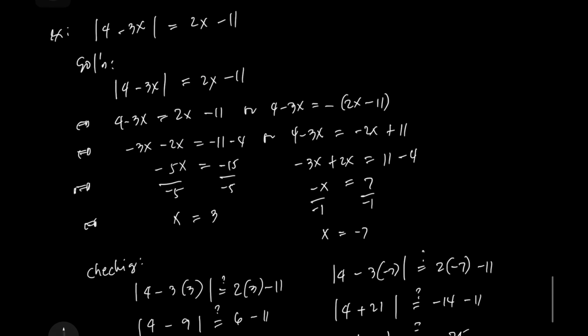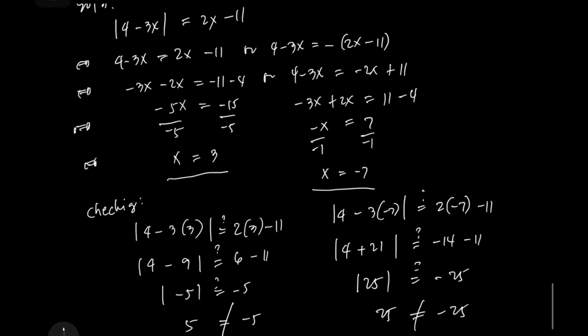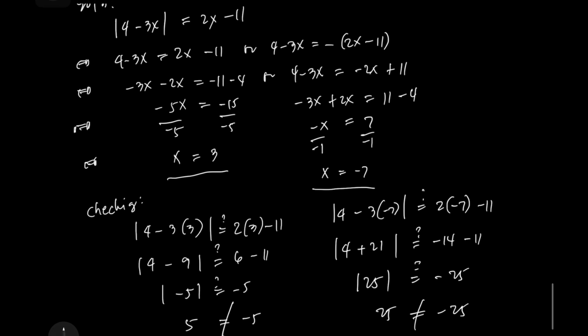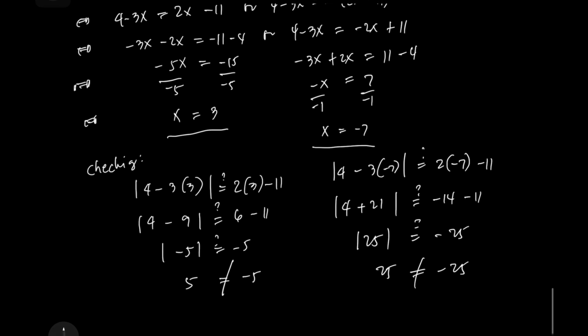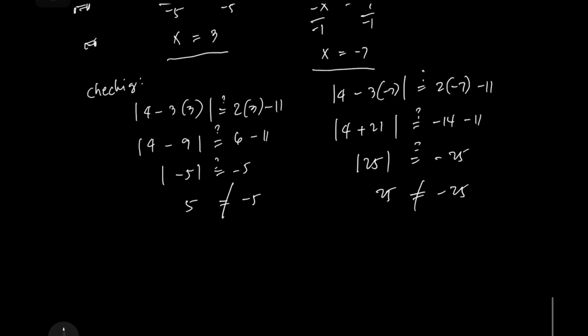So this is what I meant a while ago, guys. If there is a variable outside the absolute value, try to check your answer first to see if that's really a solution. In this case, although we came up with x equals 3 and x equals negative 7, both are not solutions after checking the equation.